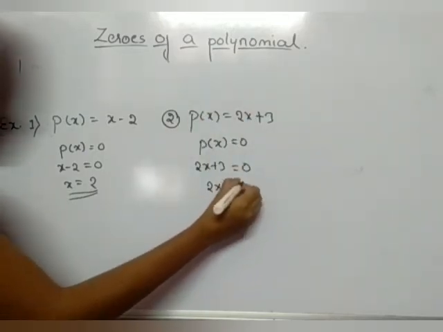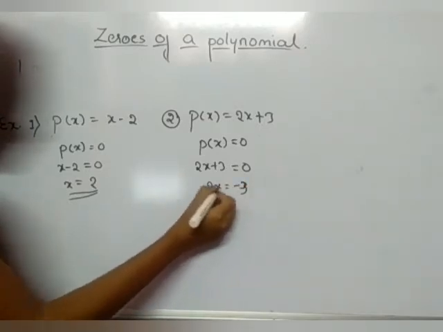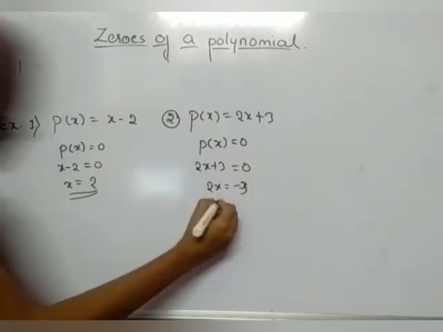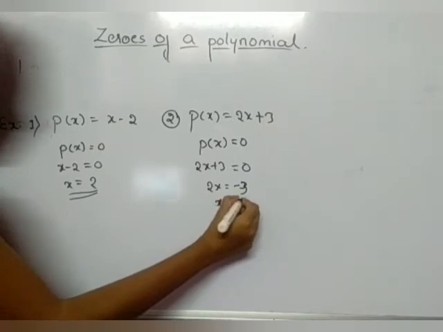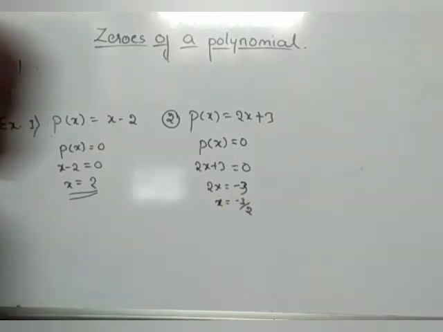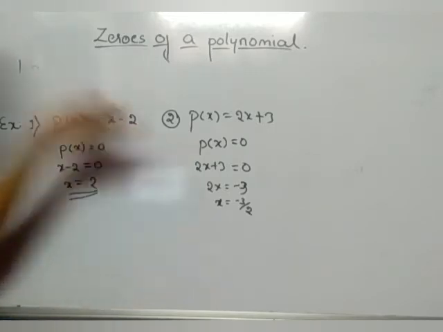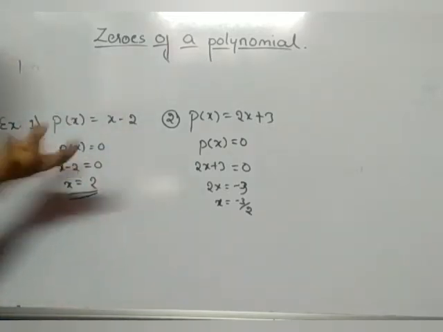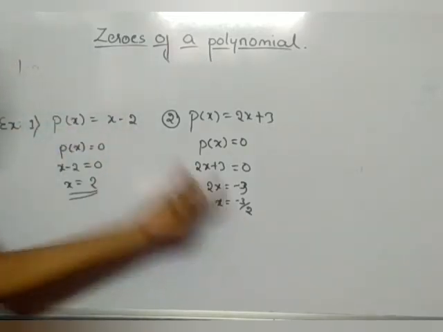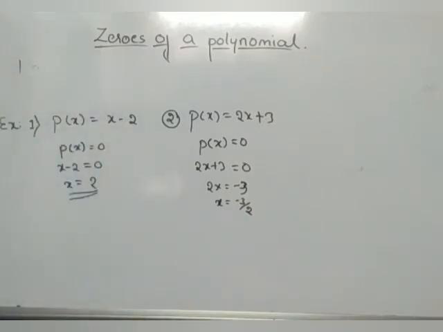It will be minus 3. Now the relation between the constant and the variable is multiplication. So x is minus 3 divided by 2. Isn't it? This value only we substituted in the previous problem. Yes or no? This is how we need to find the zeros of a polynomial, right? There is no need to write these two examples in your notes.